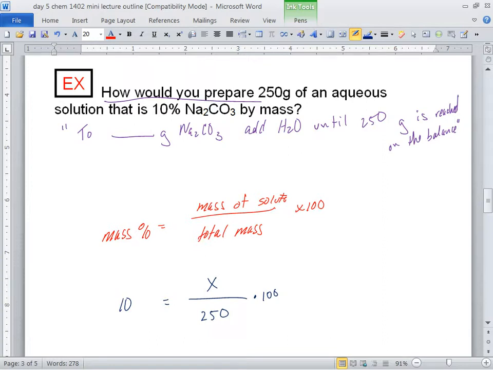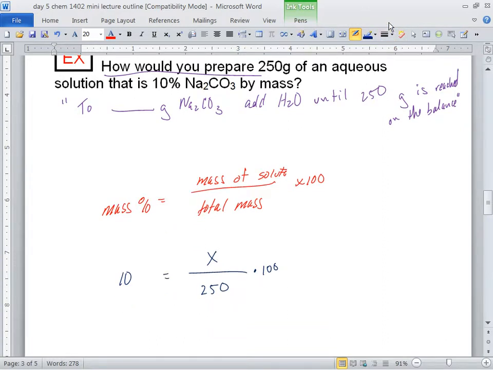One big step. And then you're right, you get 25. 10 times 250 divided by 100 is 25. So the answer's 25. So I guess there's two ways to answer it. You could say to 25 grams of sodium carbonate, add 225 grams of water. That would work too.